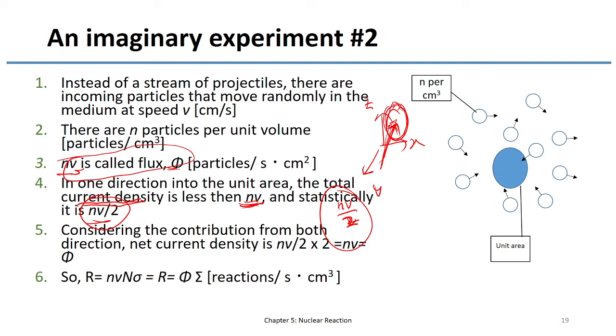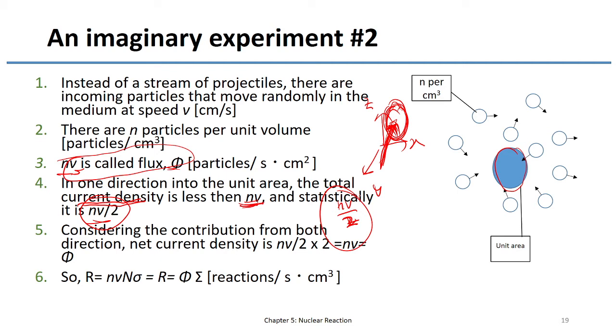So in the y direction, if you consider a unit area, in one direction the current density is half of nv.